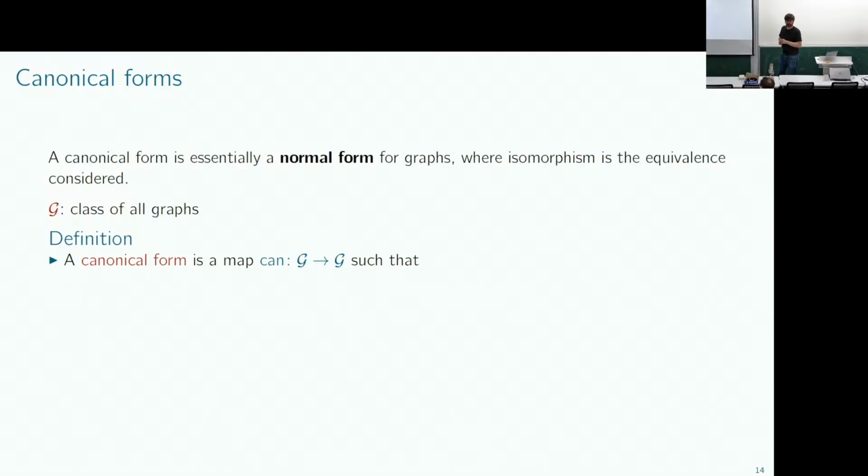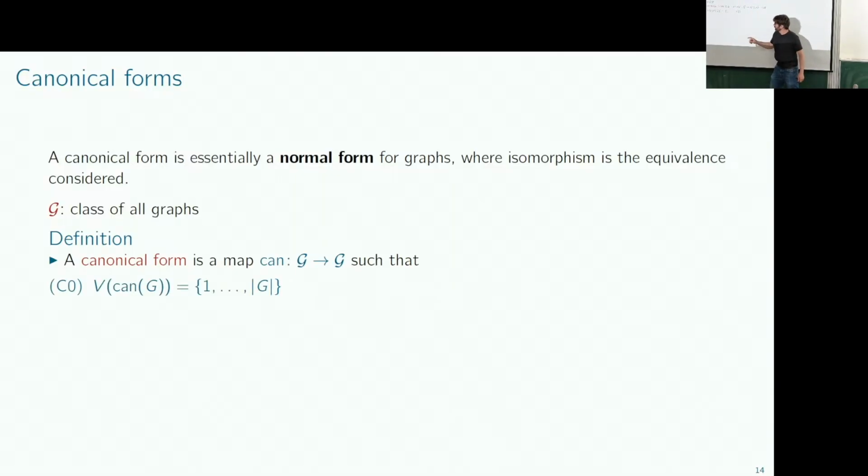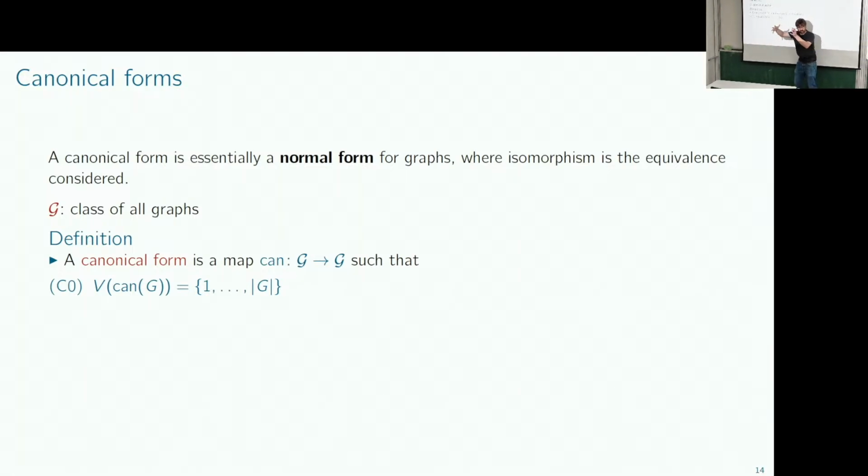Then I'm going to define a canonical form as follows. It's a map from the class of all graphs to the class of all graphs. So each graph gets a new graph such that, first of all, the vertices of the canonical form are 1 through n. So the vertices are going to be renamed into the numbers 1 through n. So all the canonical forms have standardized vertex names, namely 1, 2, 3, 4, and so forth.